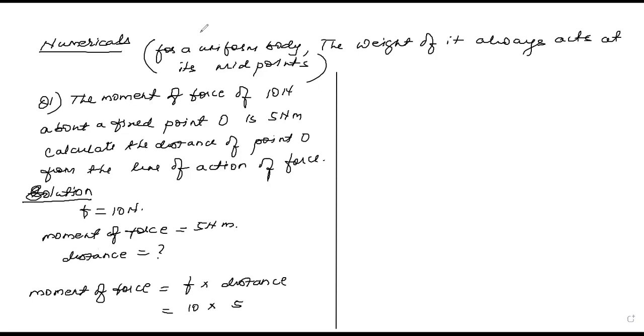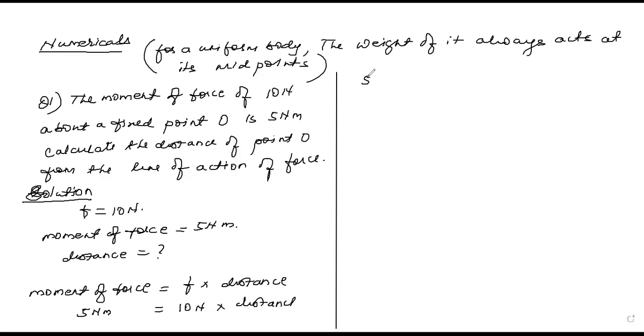Got it? So I'll put it like this, children. In place of moment of force, I'm going to put 5 Newton meter. Don't worry about the unit; you can put the unit, or even if you don't put the units, it will do. In place of force, 10 Newton, into distance. I want distance, children, so 10 Newton will go down.